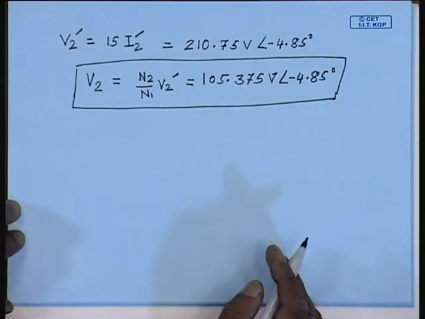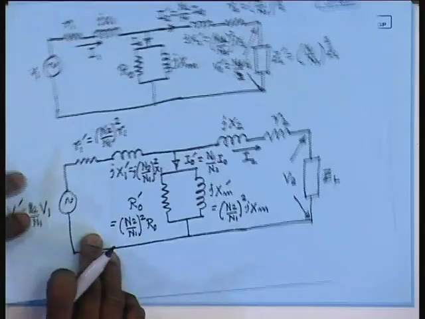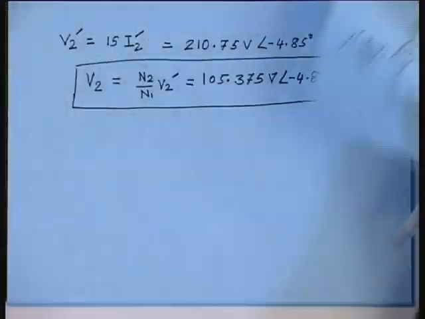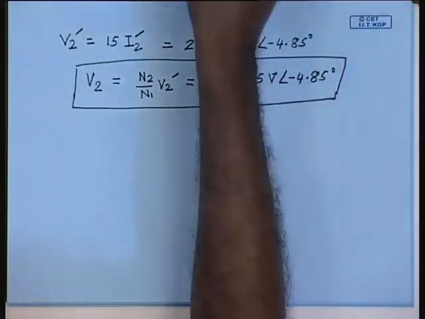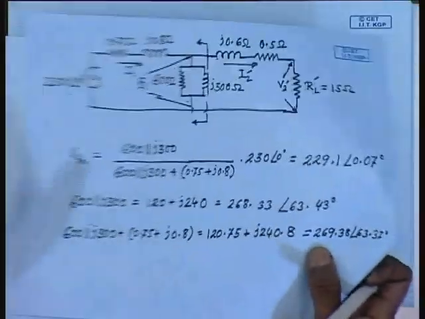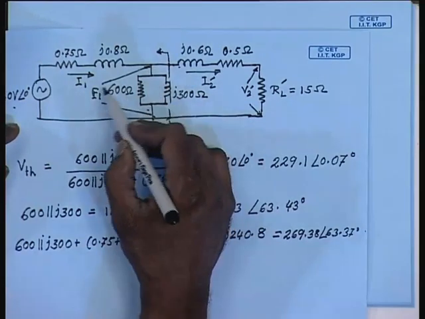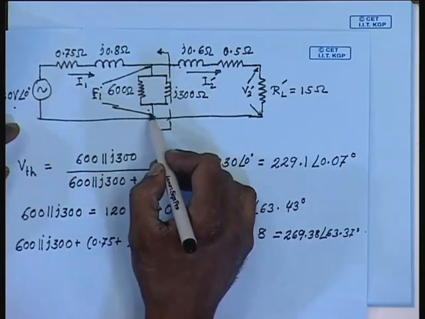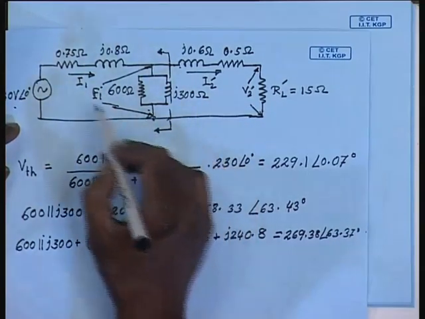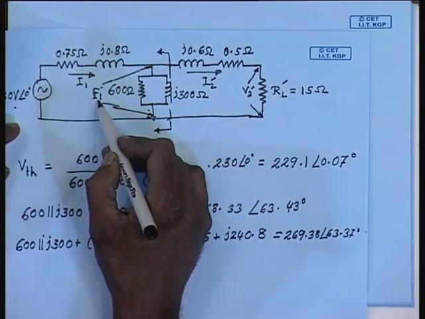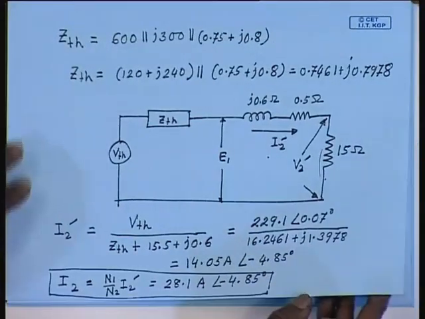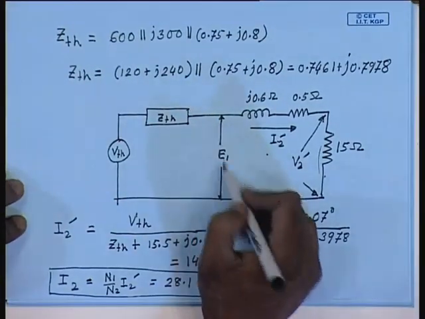How do we find out the magnetizing current? Please note that we have already argued that if the voltage at the air gap, this is called the air gap voltage, is E1 in the actual equivalent circuit, then in this Thevenin equivalent circuit also the voltage will be E1.